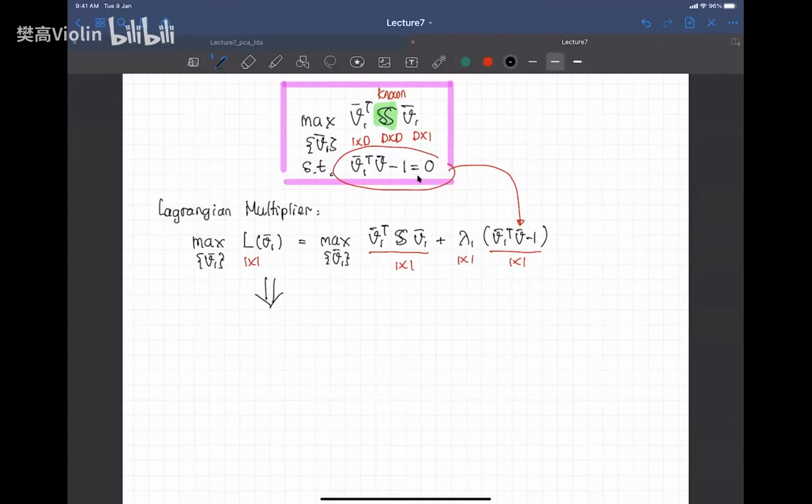Yes, the derivative. And the derivative equals what? The derivative equals 0. That's right. So dL over dv1 bar equals 0.